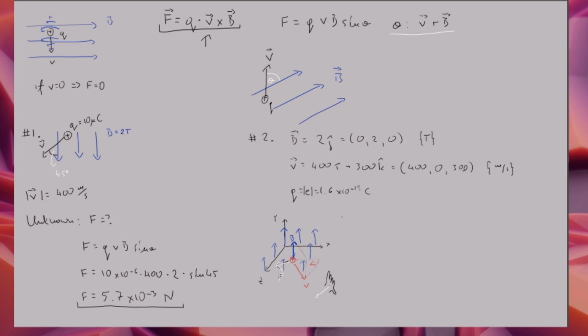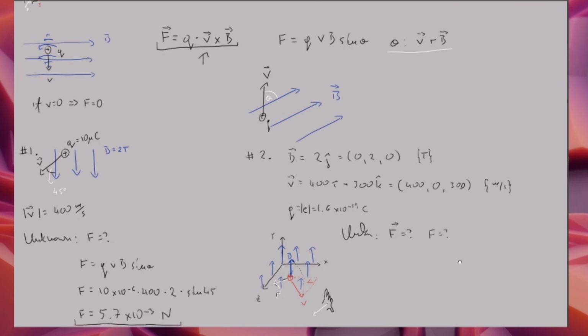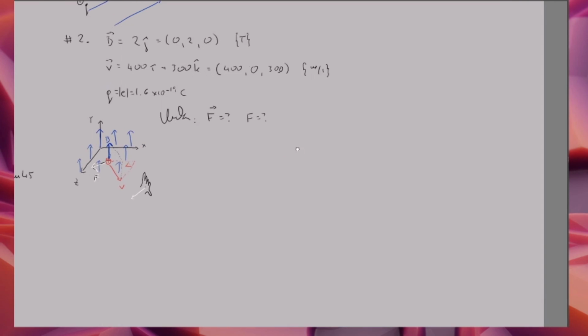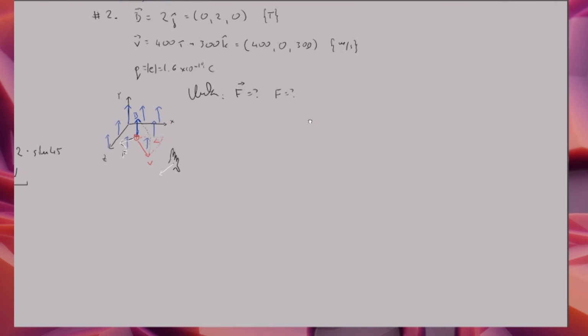The unknown is the force in vector form. If you want it in the end, you can also calculate the magnitude. So let's go ahead and do that part. I'm going to move this stuff up a little so we have more room. That should be enough.